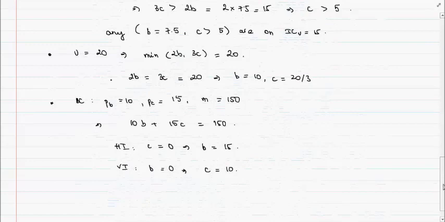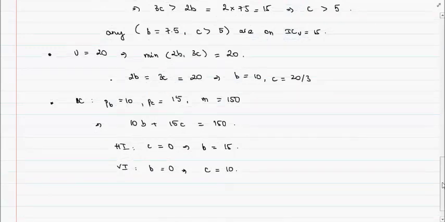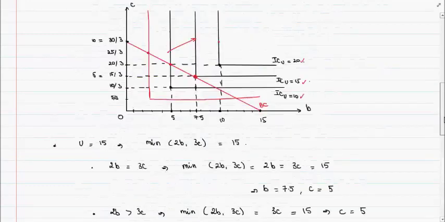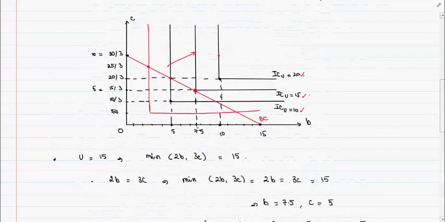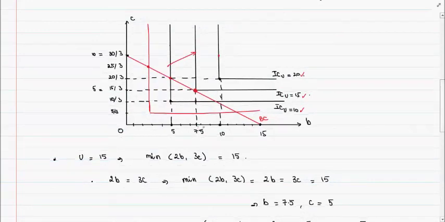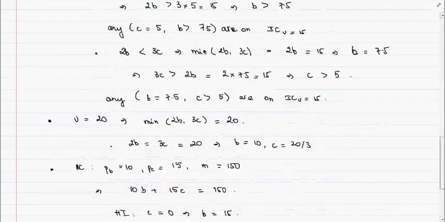That is the preferred bundle. So the optimal bundle is where B equals 7.5 and C equal to 5.